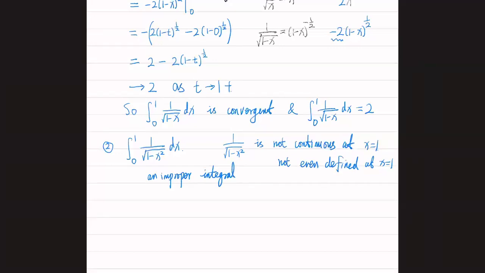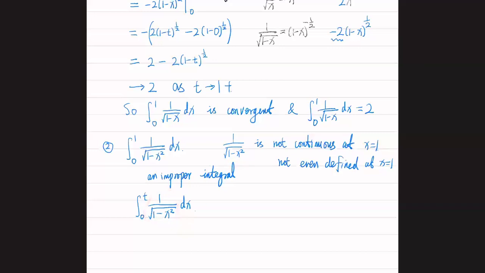So to do this, we will do the integral from 0 to t. Okay, Sophia, you tried this before. What's the antiderivative for this function? Arc sine.